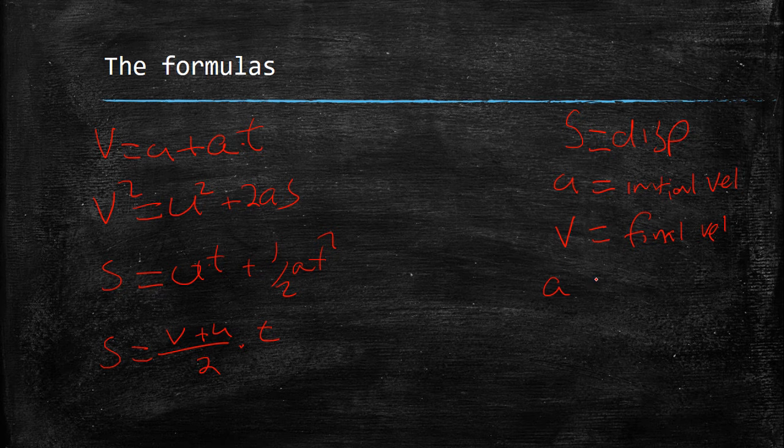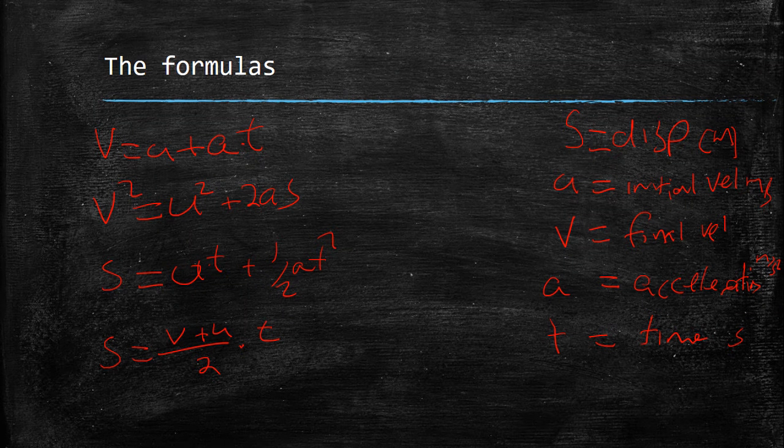And a is, of course, denoting the acceleration. And t is denoting the time taken. Now the units, of course, of this displacement is in meters, initial and final velocity are in meters per second, acceleration is in meters per second squared, and time is in seconds.